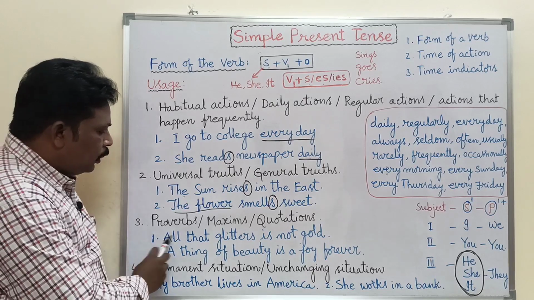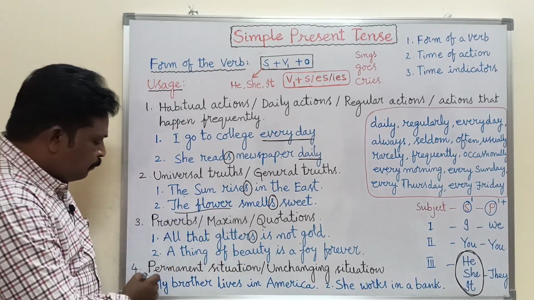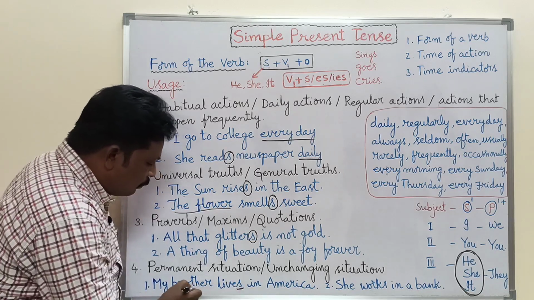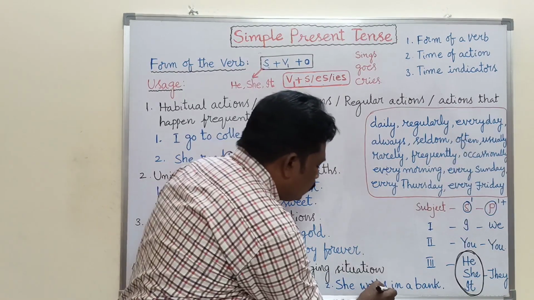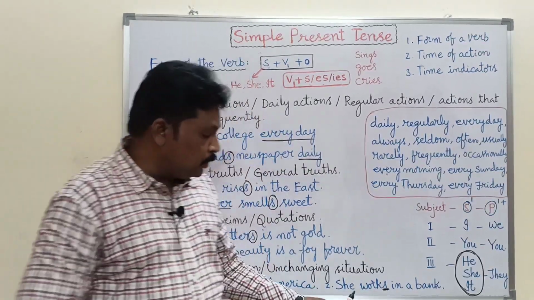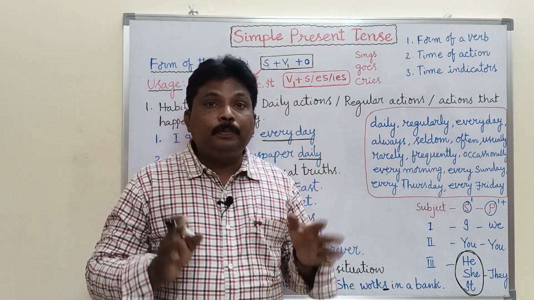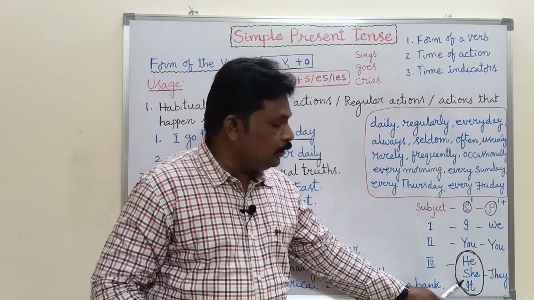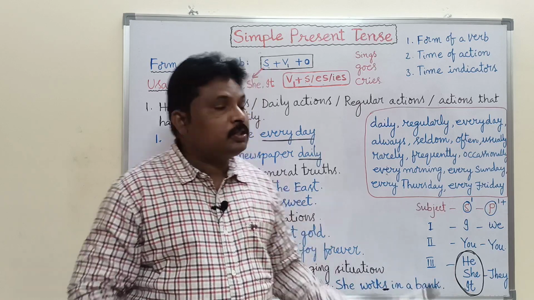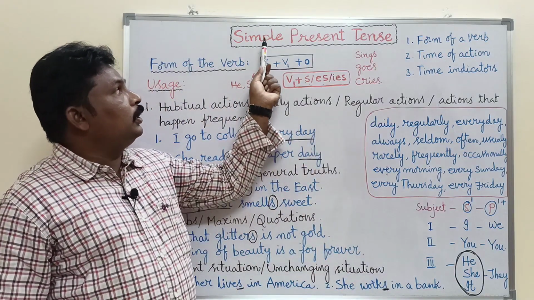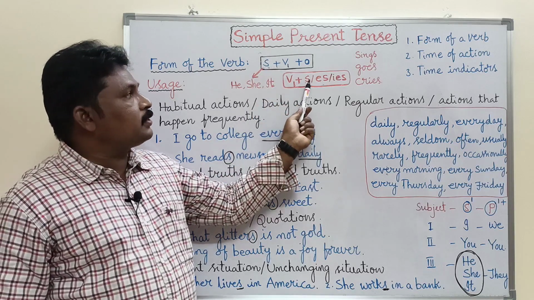Even in this third rule also, all that glitters, here the subject is singular. My brother lives, here the subject is third person singular, so the verb takes s. Here also she works, because the subject is third person singular, the verb takes s. Remember, the third person singulars are he, she, it. Whenever he, she, it are used as the subject of a sentence, then the verb takes either s or es or ies.